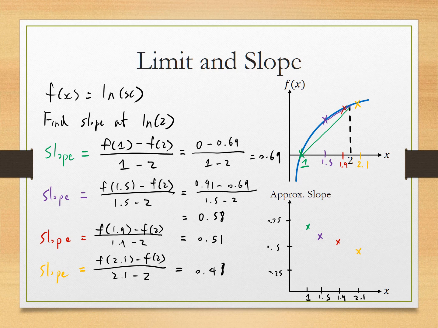Let's join the points with a line. So this line represents the approximated slope.